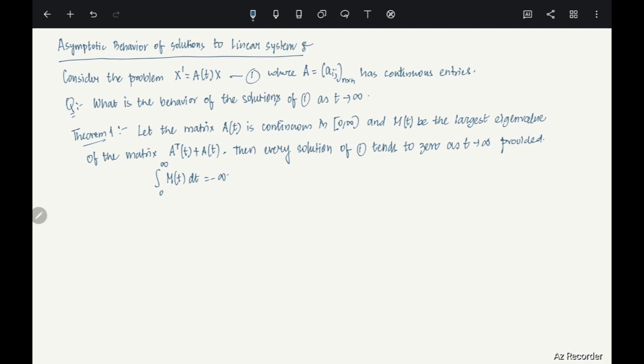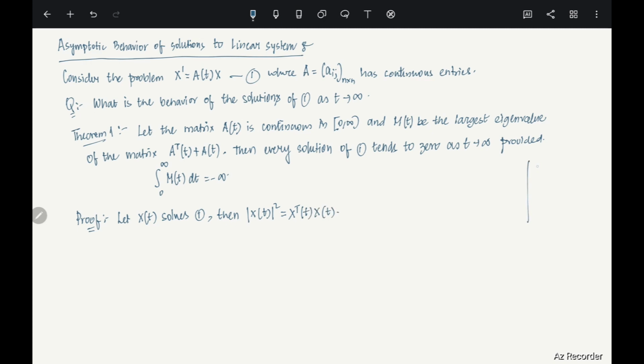Okay, now let's look at it. What is essentially what we are trying to do here. So the proof. Let x of t solve (1), right? Clear? Then the norm of x of t squared, how can you write it? We can write it as x transpose of t times x of t, right?